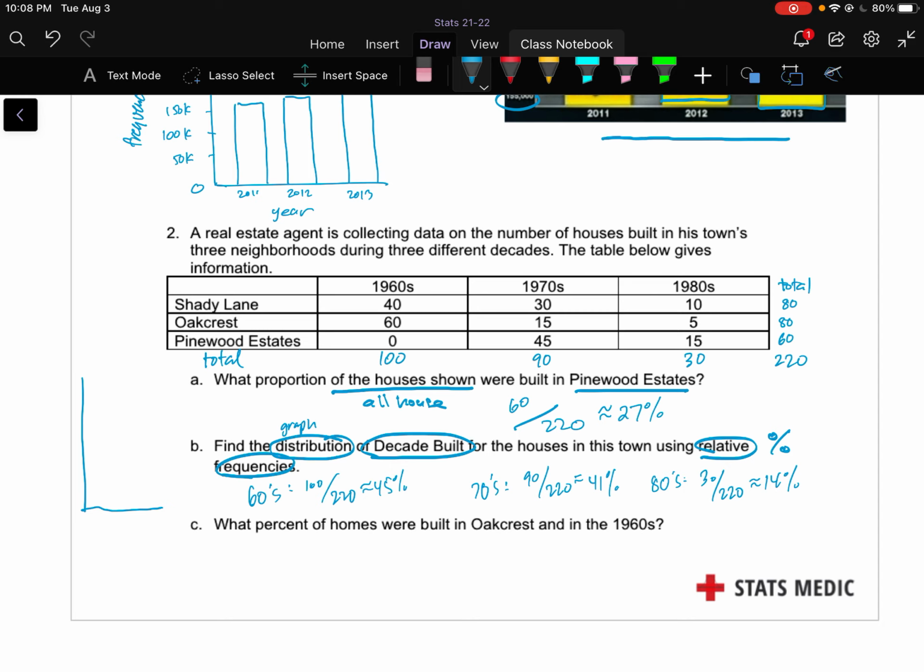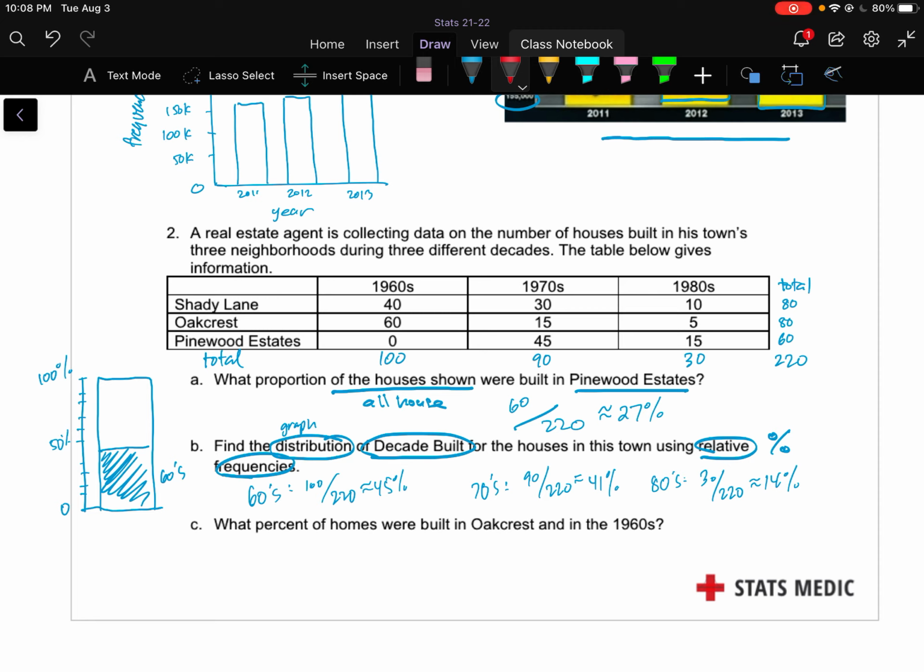Let's make a segmented bar graph. So I'm going to have 0 to 100%. 10, 20, 30, 40, 60, 70, 80, 90, 100. And then we'll have a rectangle representing 100% of homes built. So 45% of them were from the 1960s, so I'll just write the 60s there.